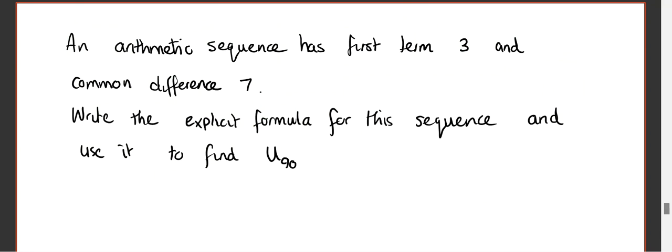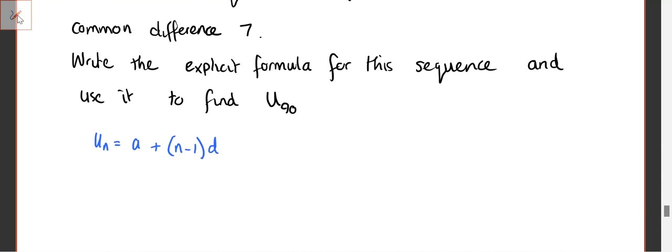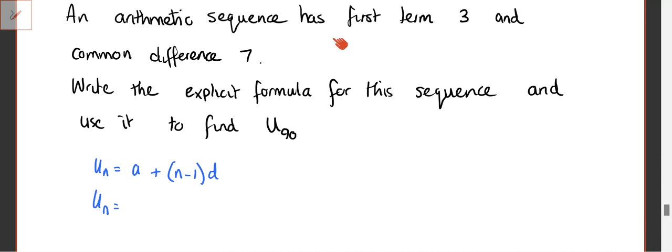Let's talk this through quickly then. I think you've got that. I'm going to follow through Alistair's method first. So I believe he used, if we've got un equals a plus n minus 1 lots of d, and then I saw him just write that a is 3, and d is 7.